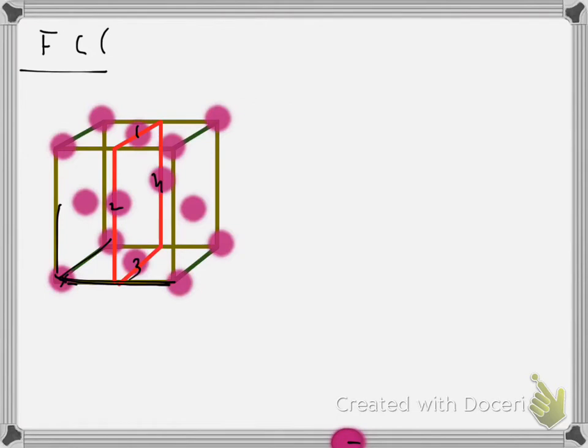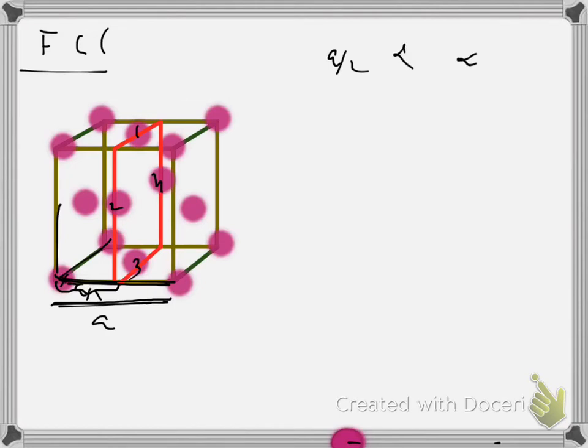This is origin, this is A, edge length is this one, so this is A by 2, then intercept is A by 2 in x axis. Then in y axis it is parallel, for z axis also it is parallel, then infinity, infinity.